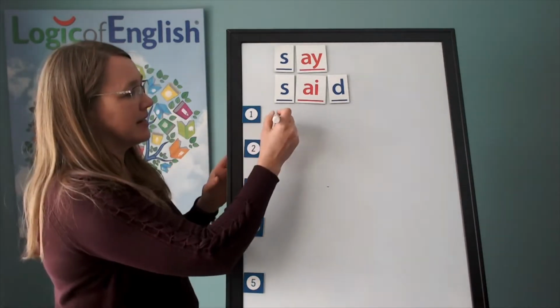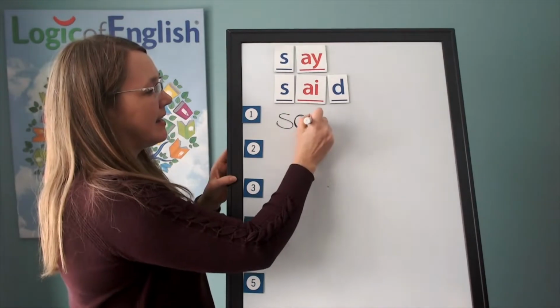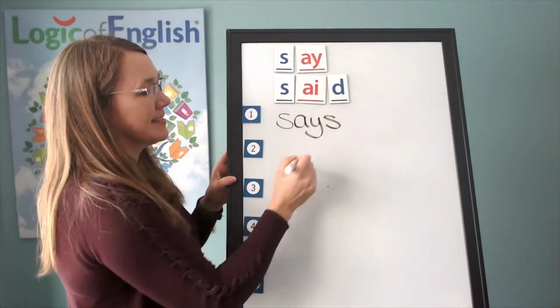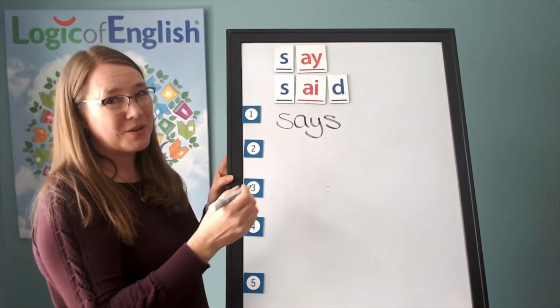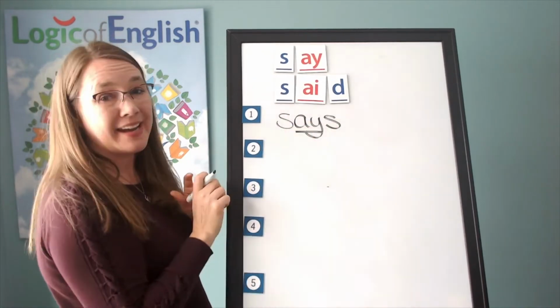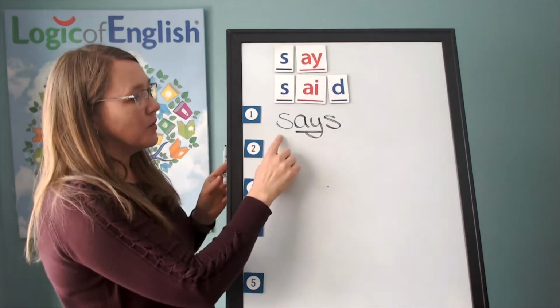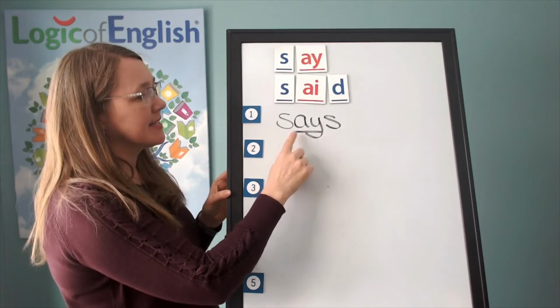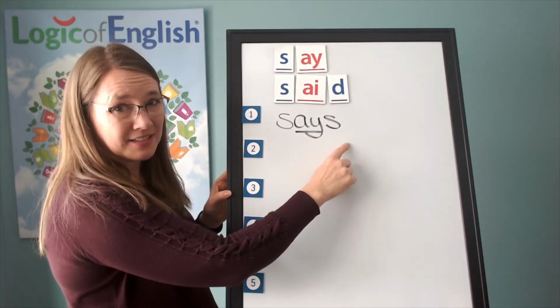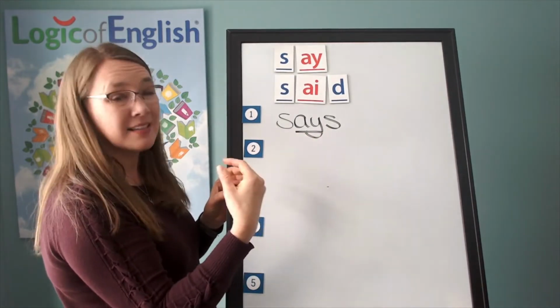Now, help me to write it. A, z. How will we mark it? We'll underline the A, and let's read it. Says, but what do we really say?